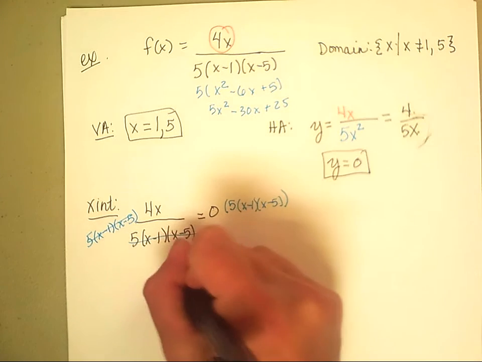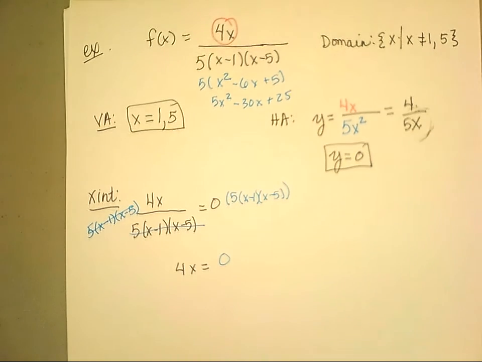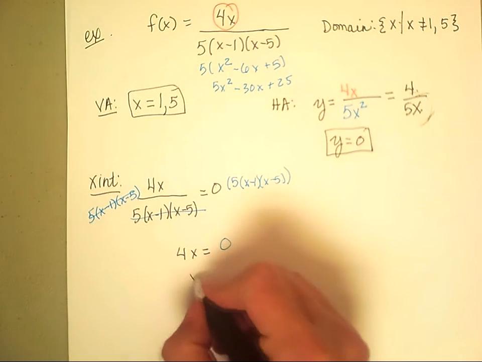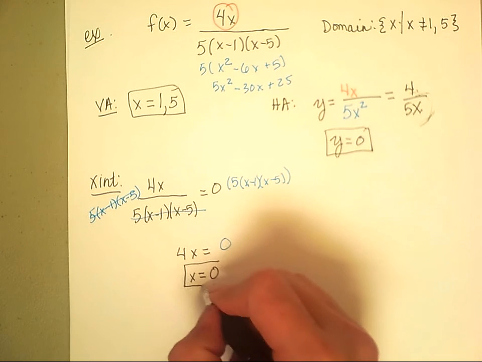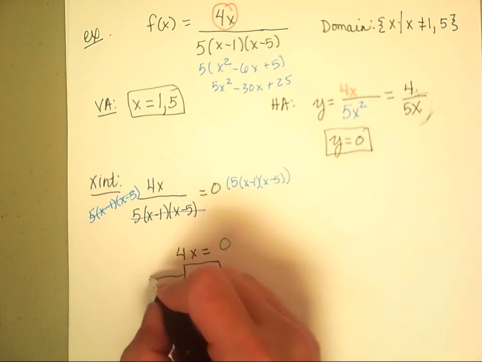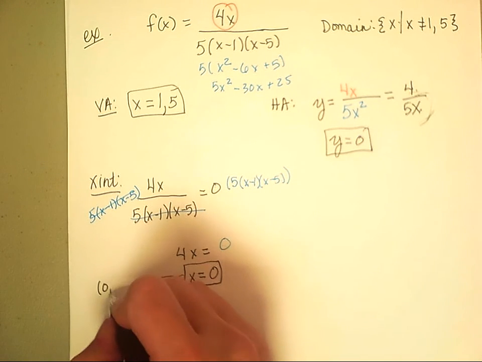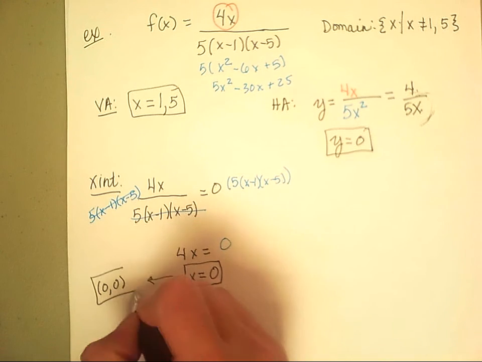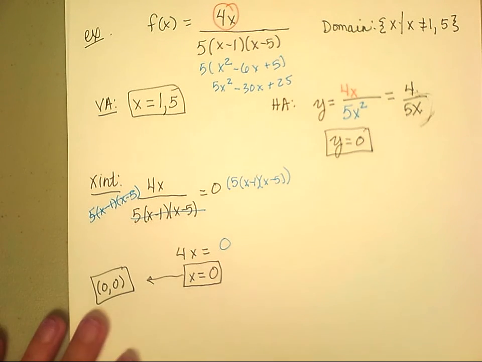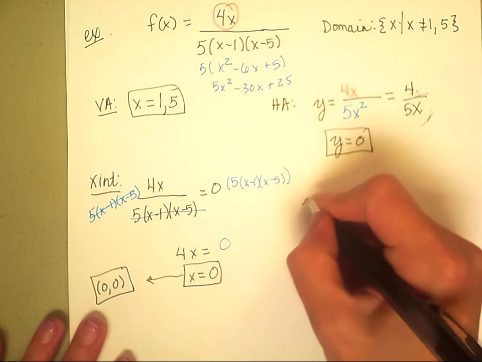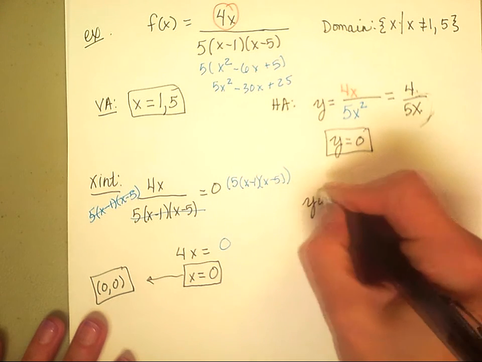So we get that 4x is equal to 0, so x has to be 0 divided by 4, which is just 0. That's the x value which leads to an x-intercept. When x is 0, y is 0. What that means is it's also our y-intercept, because the origin is both, but we can do it both ways.